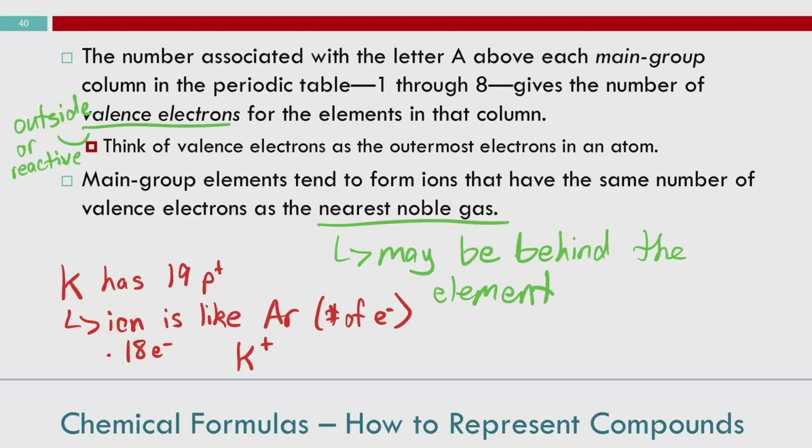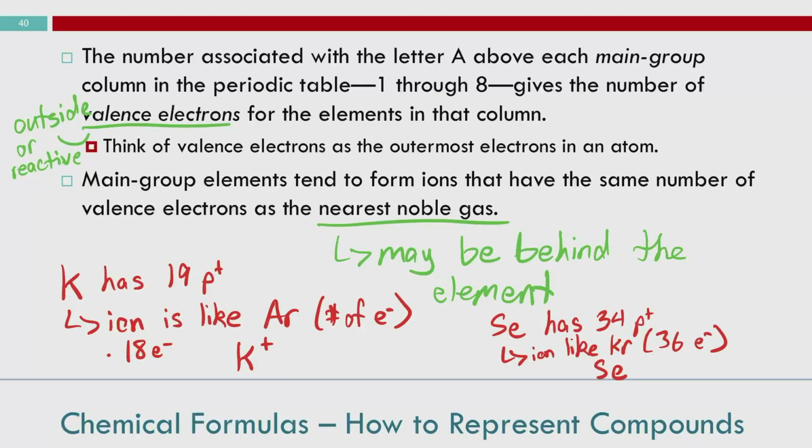for example. The other side of the periodic table, let's look at selenium. Selenium has the number 34. So it has 34 protons. It wants to be like the nearest noble gas. The nearest noble gas is krypton. We just move 2 spaces over to the right. So it forms an ion like krypton in terms of its number of electrons, which is 36.